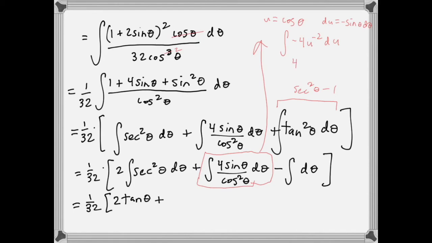So the negatives are going to go away. So I get 4 over u, which is the same as 4 over cosine theta. Okay, which actually is the same as 4 secant theta, isn't it? So 4 secant theta. Finally, minus theta.